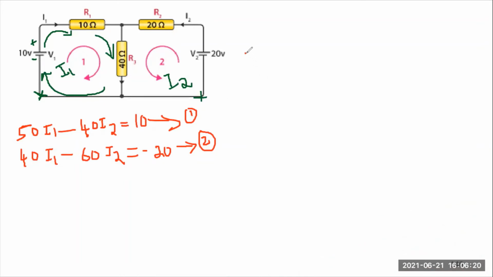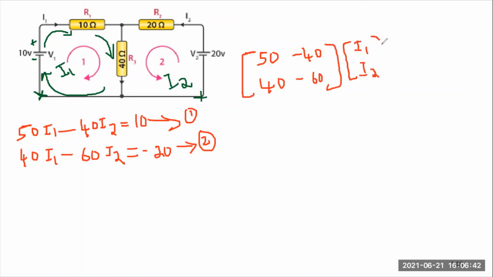So first you form the matrix: 50, minus 40, 40, minus 60, into the two variables as a column matrix, I1, I2, equal to one more column matrix, which is the RHS, 10, minus 20.